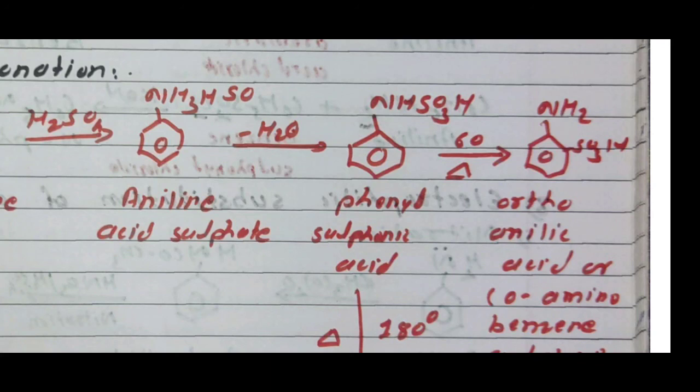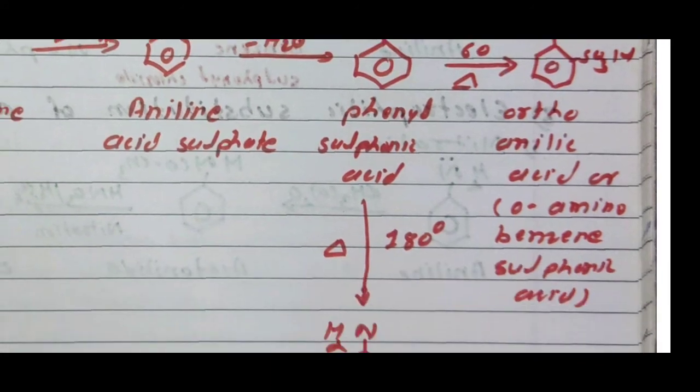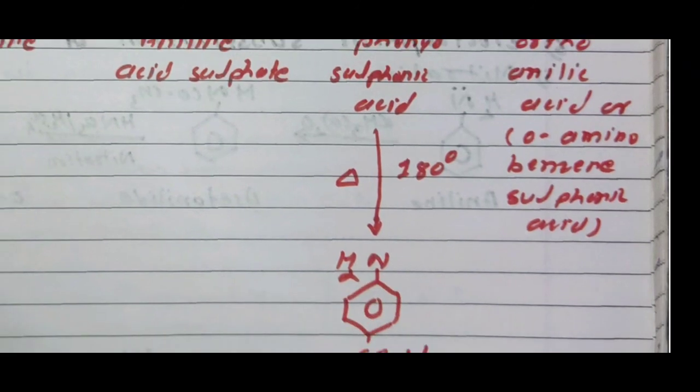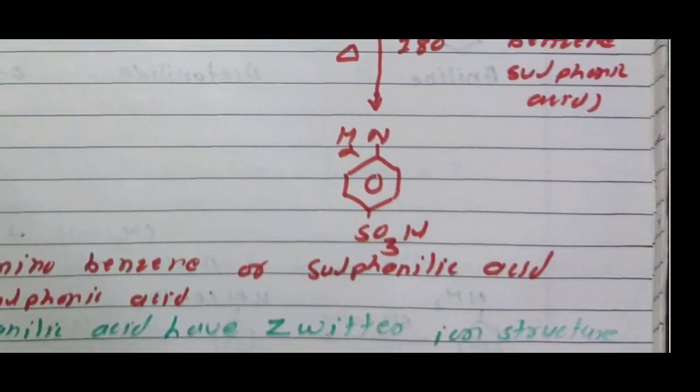Then this phenylsulfamic acid, when heated at 180 degrees centigrade, forms the product with the SO3H group attached at the para position. Suppose the compound is instead heated at a lower temperature; then the SO3H group attaches at the ortho position, giving orthanilic acid, or ortho-aminobenzene sulfonic acid. When heated at 180 degrees centigrade, NH2 and SO3H are at the para position.